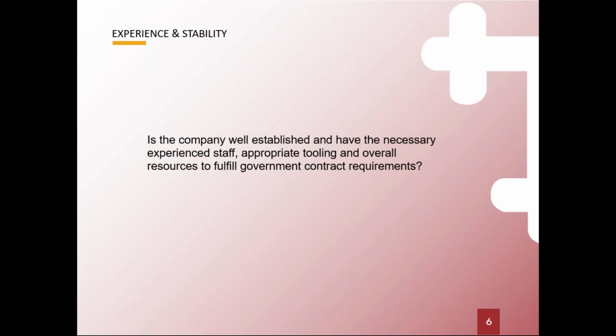Do you have membership in any professional organizations such as NCMA, National Contract Management Association? I ask about NCMA simply because it is a professional organization that most government contracting people belong to.